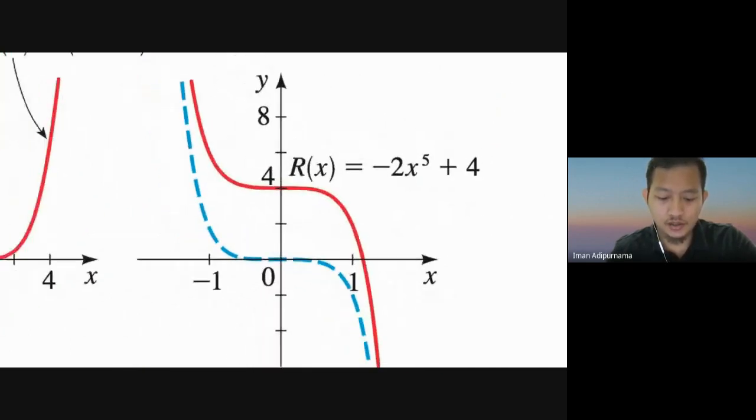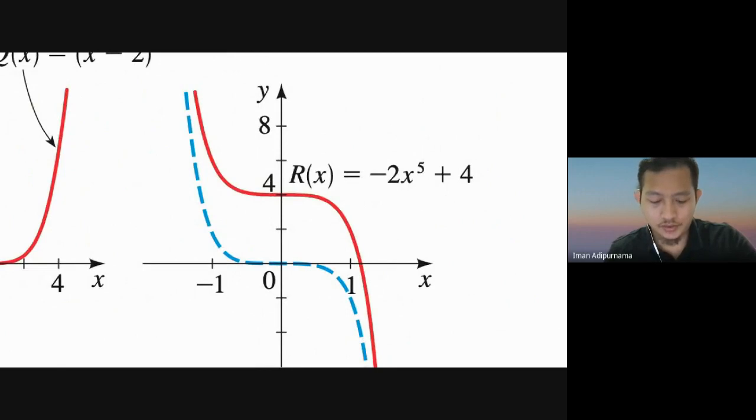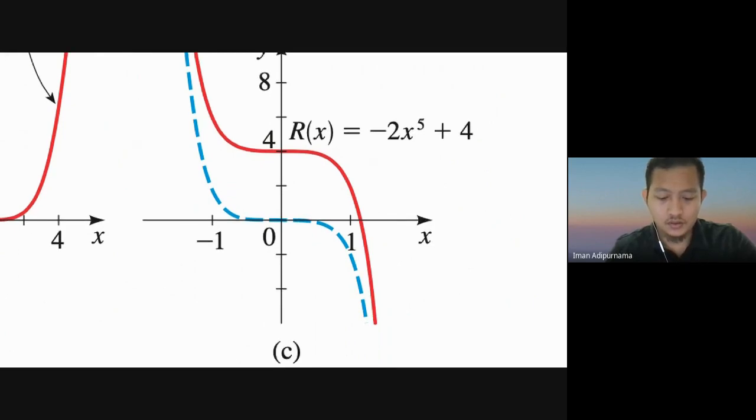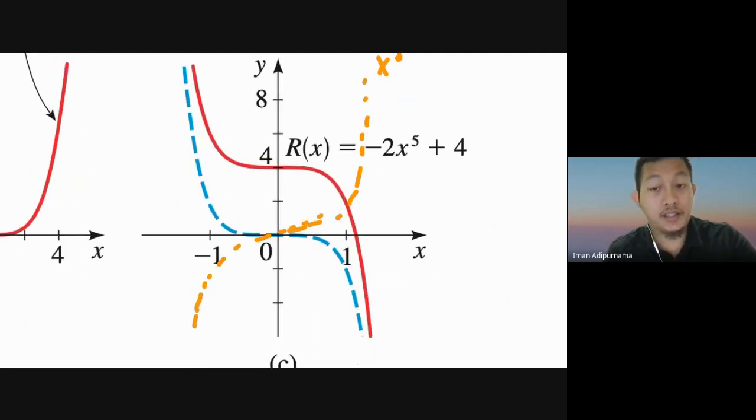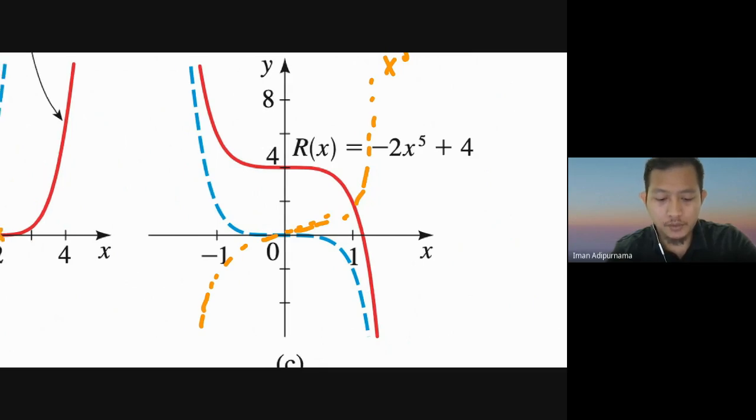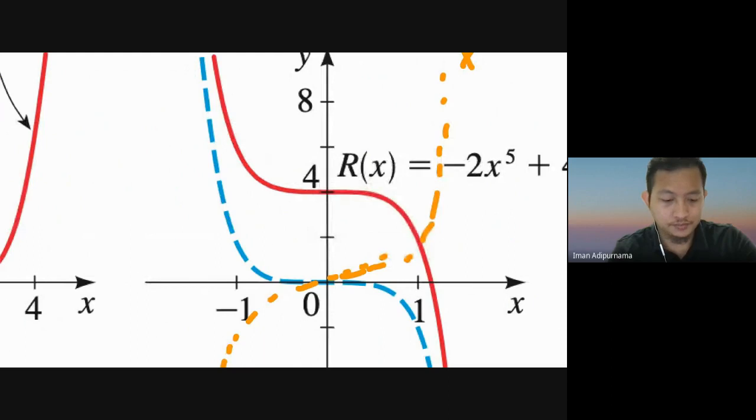And similarly, we also see this function here. The original function is actually, let me draw, it's not written there. It's x with power of 5. Then it's mirrored in the y-axis, which becomes the blue one, and then multiplied by 2, which gives the red color.